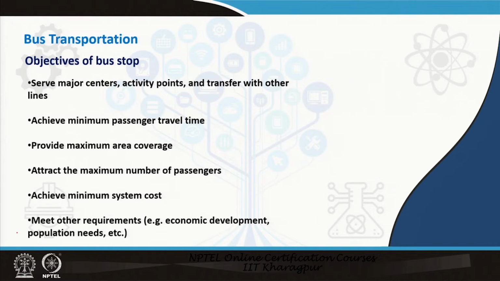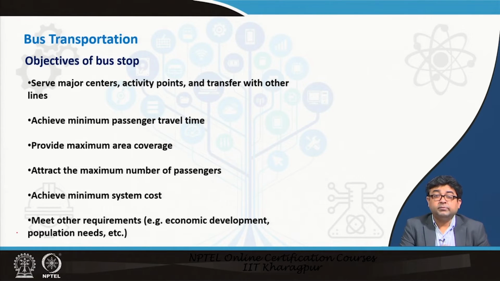Just a quick recap of the objectives of a bus stop or any metro stop. It is to serve the major centers, activity points, and transfer with other lines, right. So, that is a location where everybody needs to access in a timely, hassle free fashion, so that they can then get on the public transportation system.